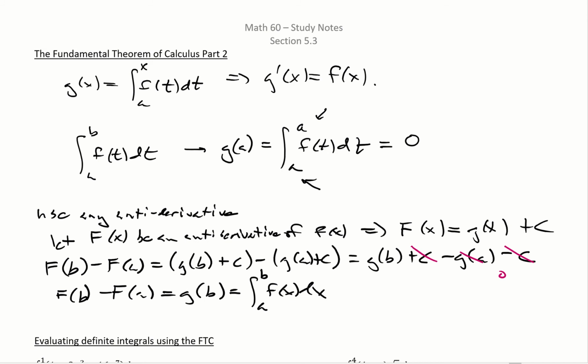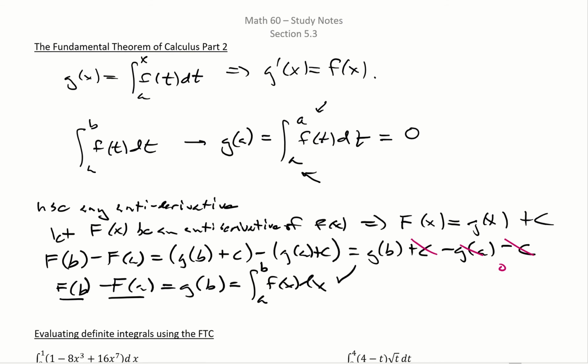So look what we're finding, and this is what's so surprising: any definite integral, if you can find its antiderivative, is the difference between the antiderivative's value at b and the antiderivative's value at a. This remarkable formula is what you're going to use forever.